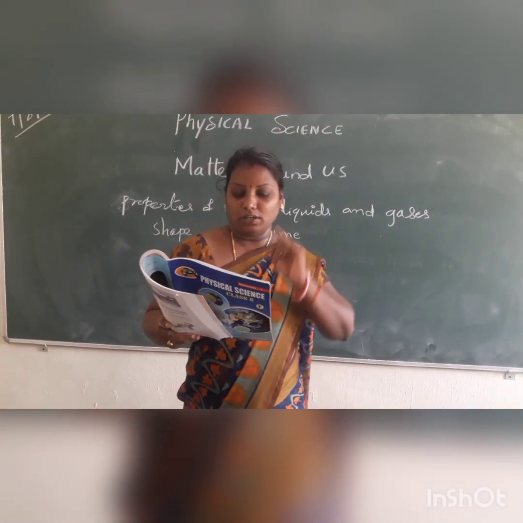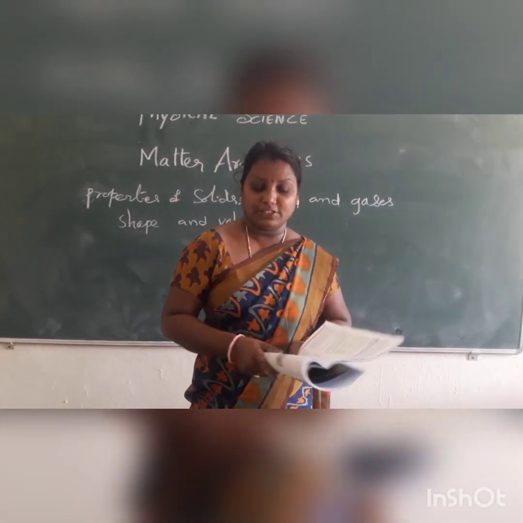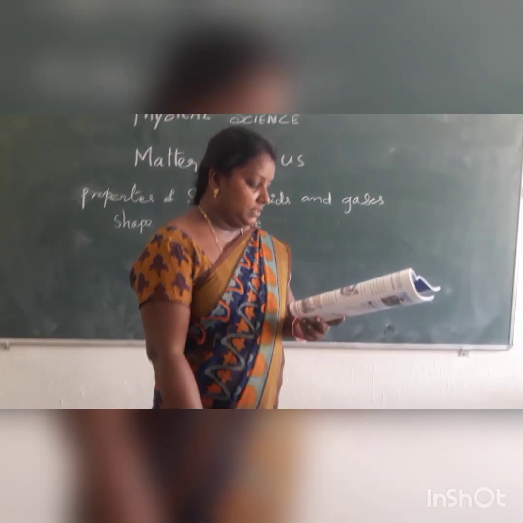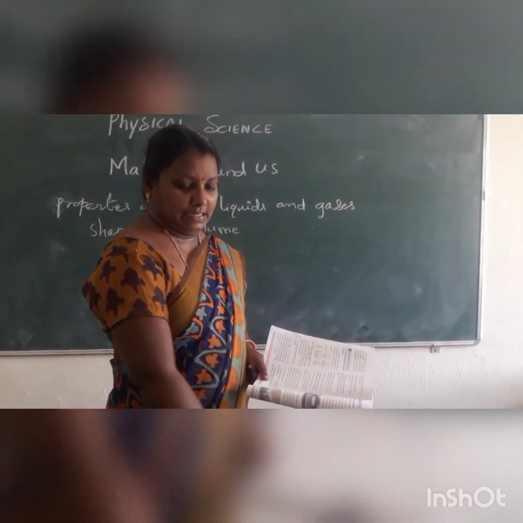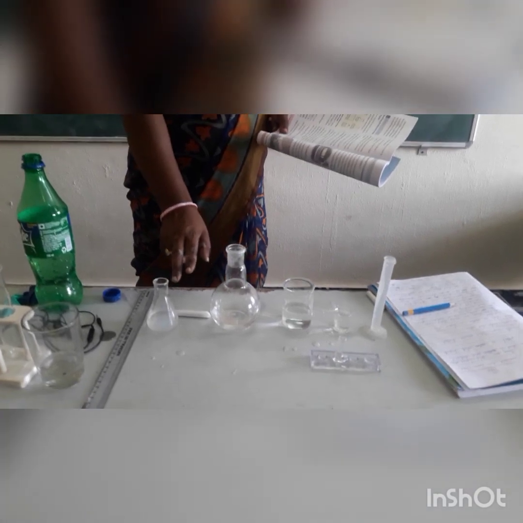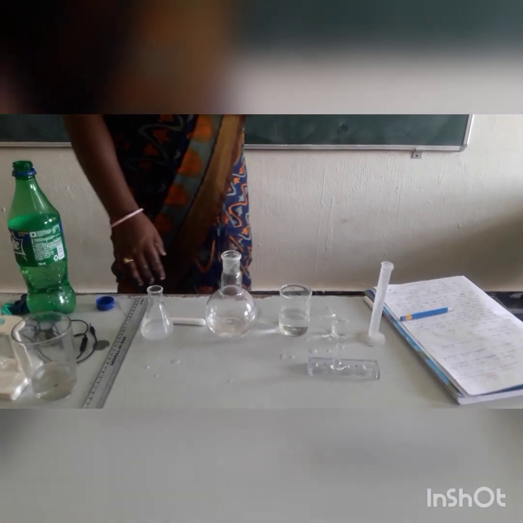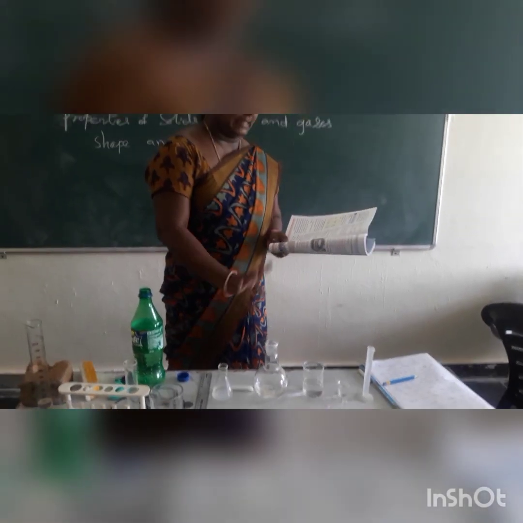Okay, pour the same water in another container and have a look at the shape. Children, look here. What is the shape of 10 ml water in the containers? Yes, here the water's shape changes along with the containers. Repeat this process till you complete pouring water in all containers.